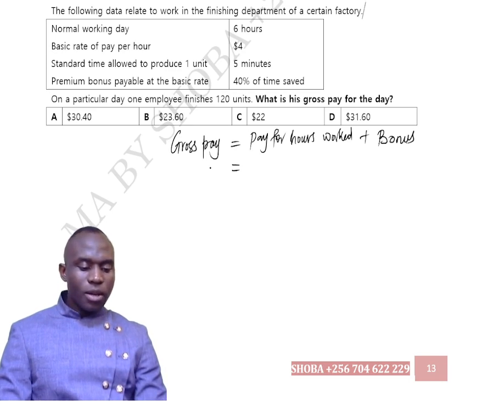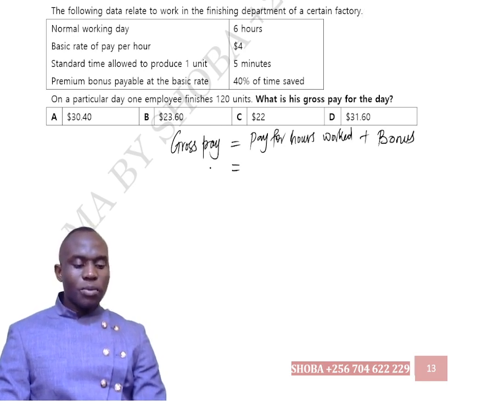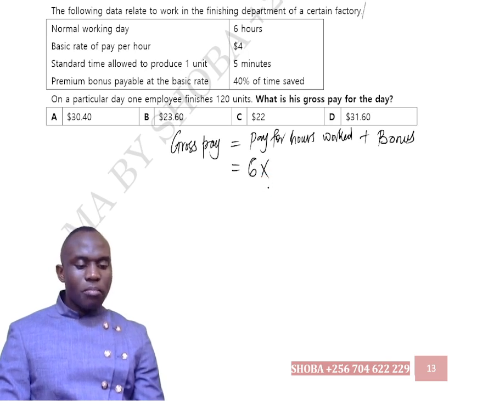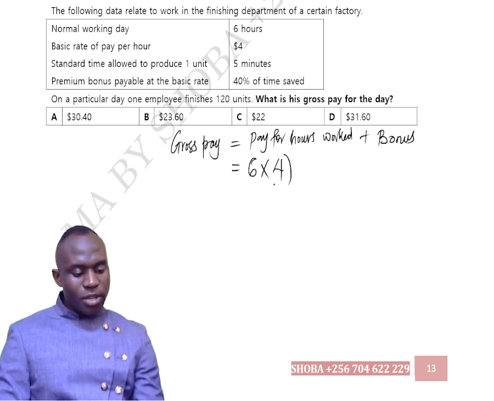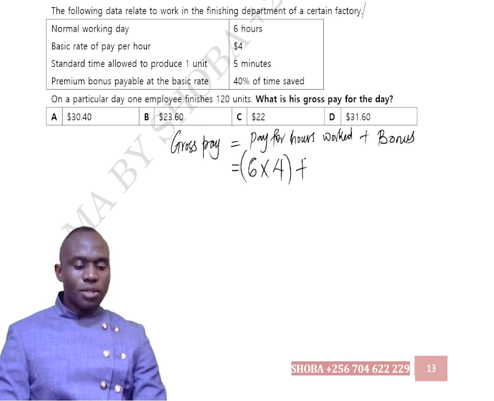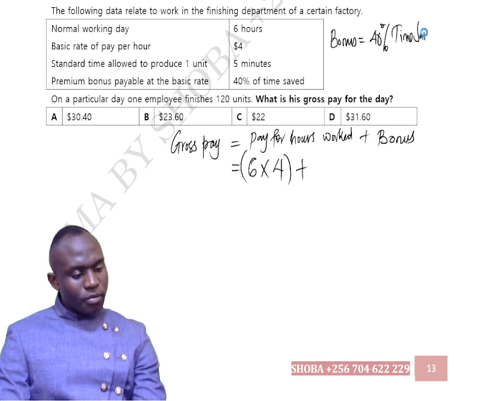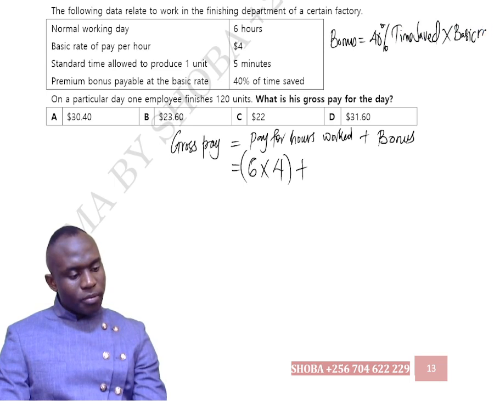So on a particular day, so what does that mean? The person actually worked normal 6 hours and he produced 120 units. So payment for hours worked is going to be, he worked for 6 hours, but each hour is paid at $4, then plus the bonus. And bonus is 40% of the time saved at the basic rate, at the normal payment.